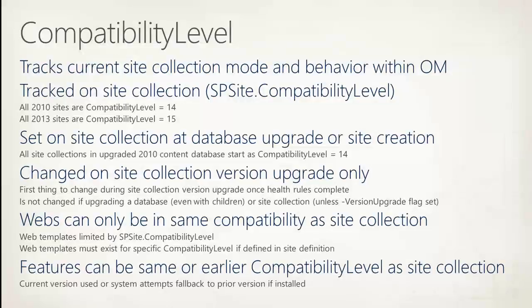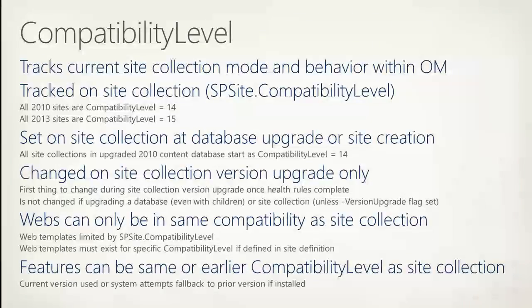And as soon as we start allowing you to change back and forth at the web level versus the site collection, it starts getting really strange from a test matrix. And so we said, no, we're not going to do that. We'll only do it at the site collection level. Now, who knows what changes in the future, but I know for this particular release, that's exactly where we're drawing the line for the level of granularity on this.